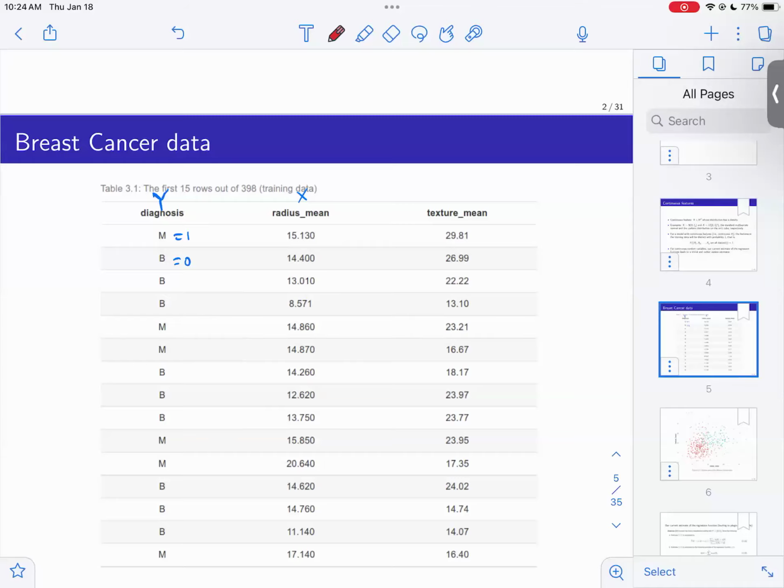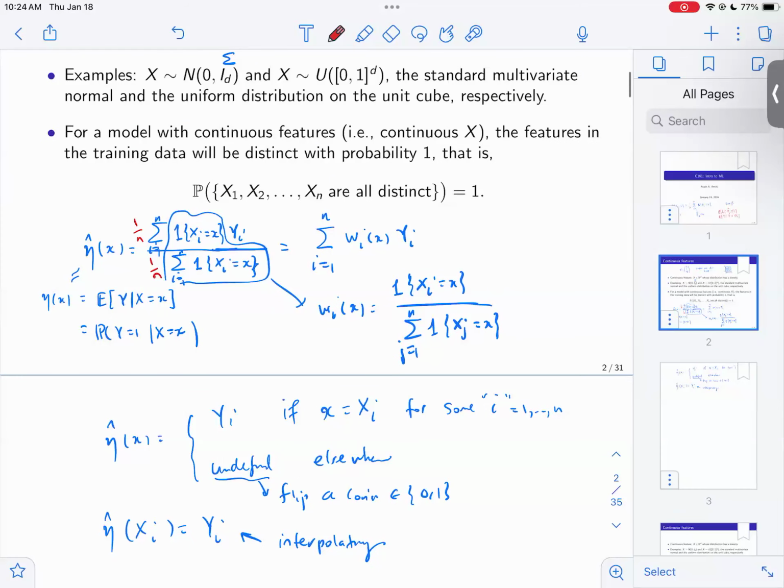So I'm just going to replace this, which is saying x is exactly equal to xi, with x is approximately close to xi. And whatever closeness you want to put is going to give you an estimator. Approximately close, in the end, means distance or similarity.